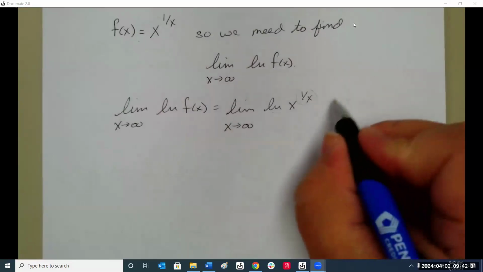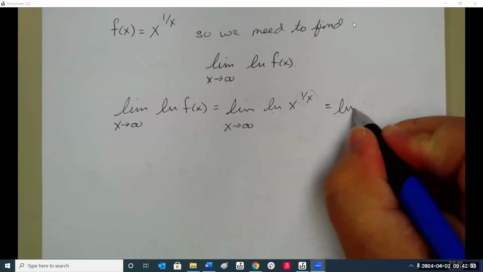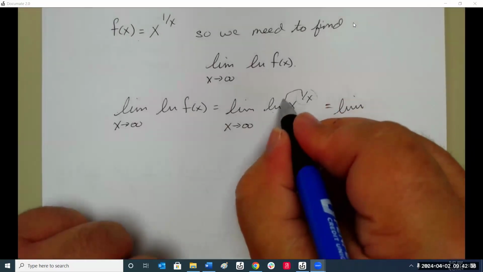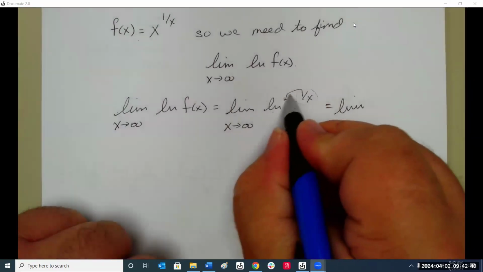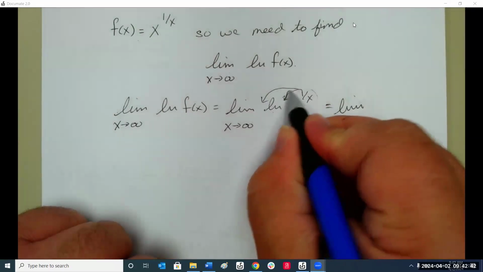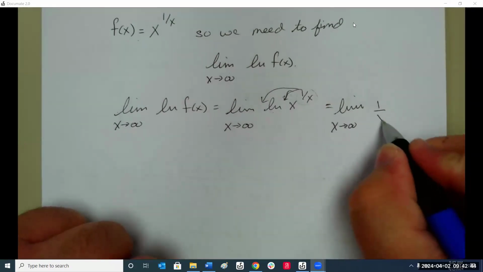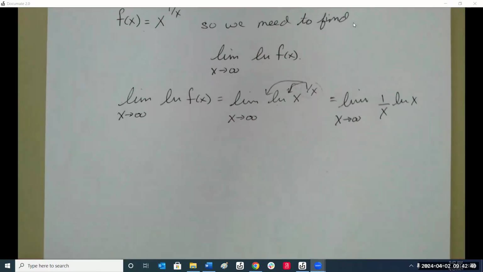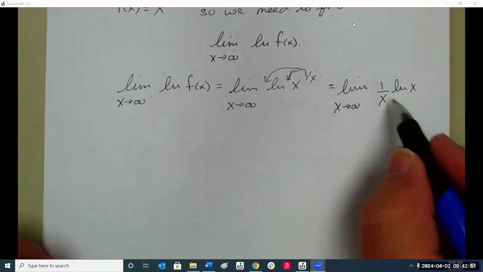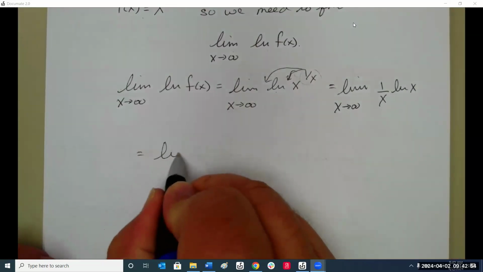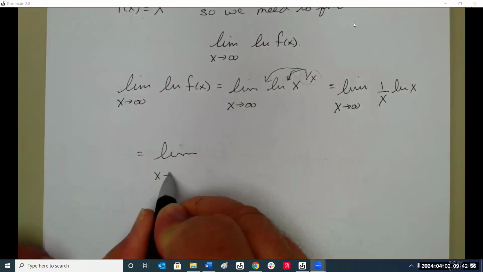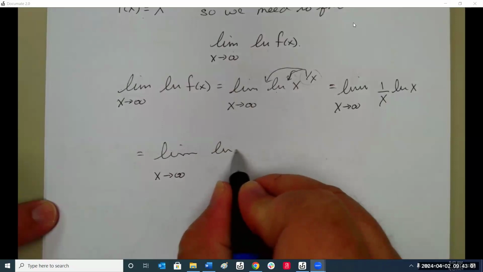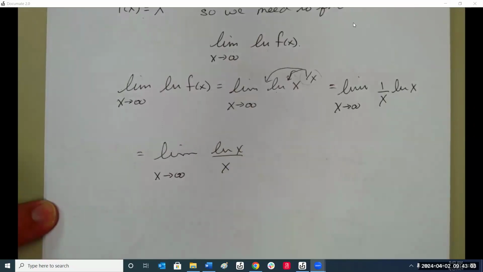You can't have an exponent, so this exponent comes in front of the whole limit. So it's 1 over x, ln x. So that becomes ln x over x.